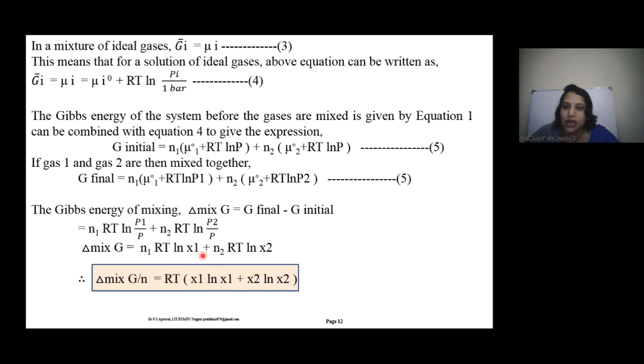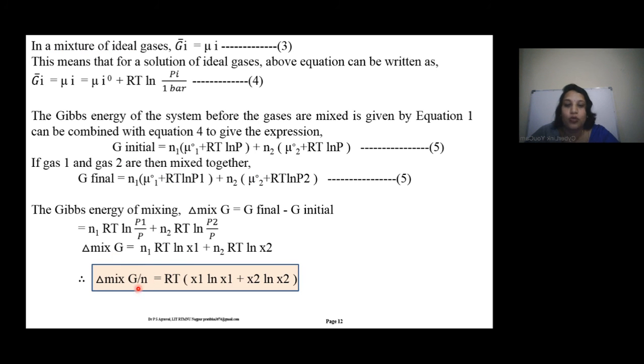So we can reach this expression for a two component system, but in a more generalized way we can use RT, summation of Xi ln Xi.